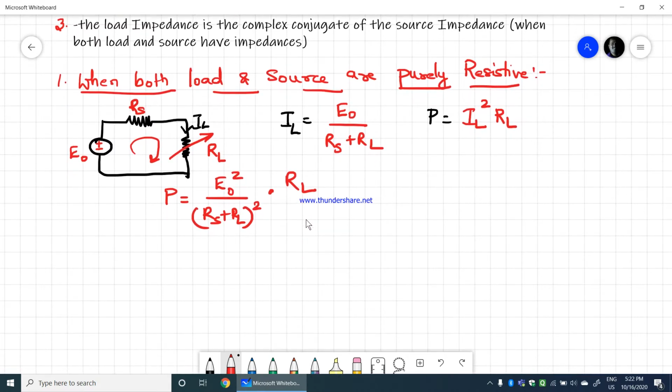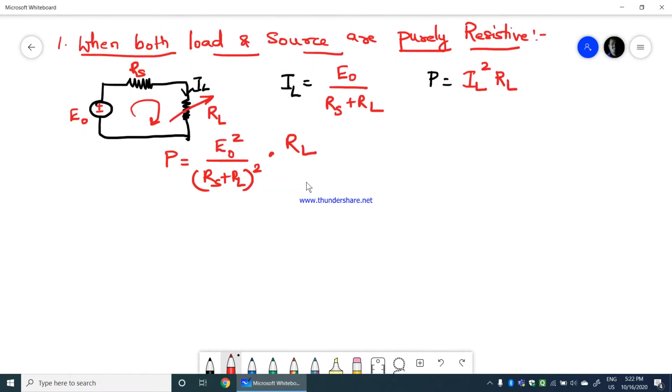Now we need to know the condition for maximum power to get transferred. Therefore we differentiate. We normally use the maximum value theorem from mathematics, which says the differentiation of power with respect to RL equals 0.